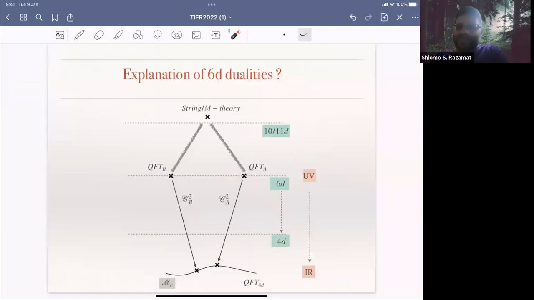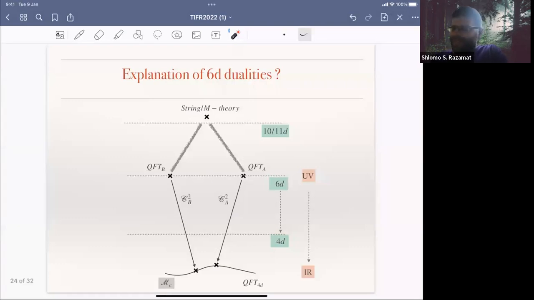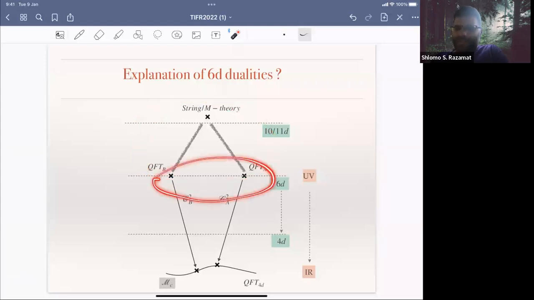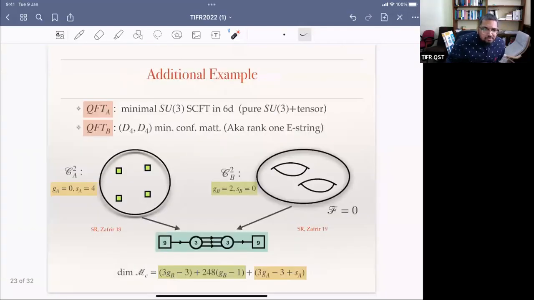And I think with this geometric picture, many of these things are systematized by going to higher dimensions. So I think, again, this is an open question. All of these 6D dualities, these coincidences, probably should be understood by embedding this not in field theory, but in string and M theory. You know, there are geometric constructions of these.